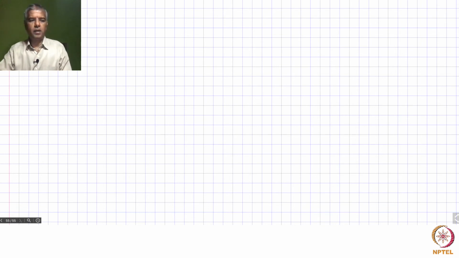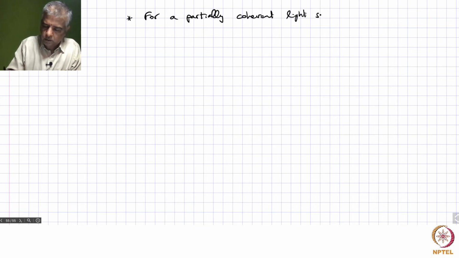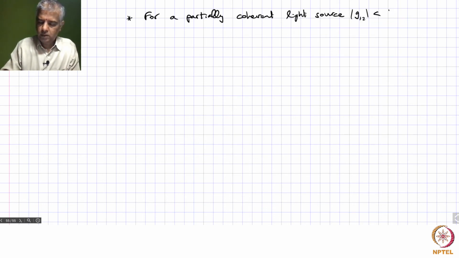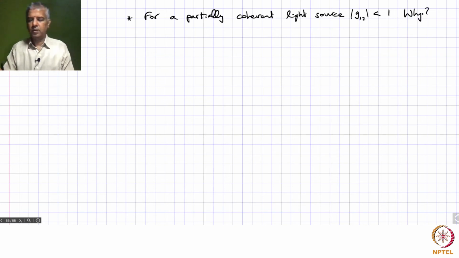The point that we are making is that for a partially coherent light source, right, talking about a temporally coherent light source, G12 is less than 1, and the question is why? How do you get G12? So what is the source characteristic that defines a partially coherent source?